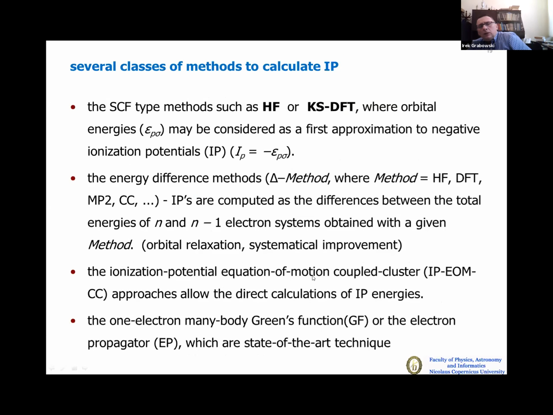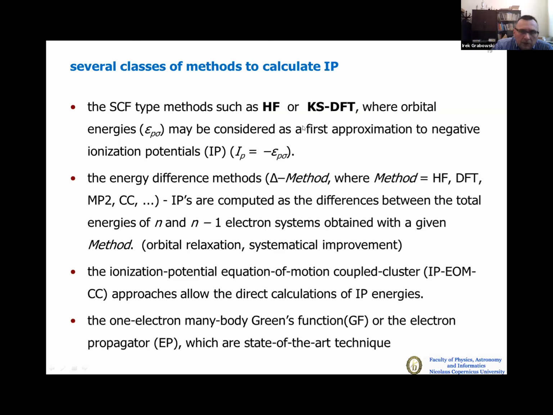When we calculate the ionization potentials, we can use several classes of methods. One is SCF type methods like Hartree-Fock or Kohn-Sham DFT, where we can directly take the orbital energies and use them as a first approximation to the negative ionization potential.